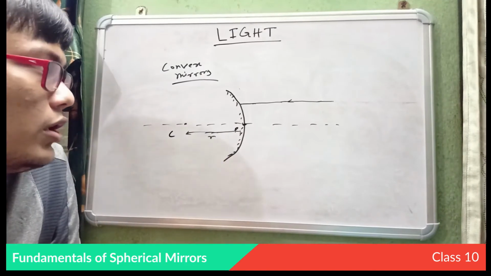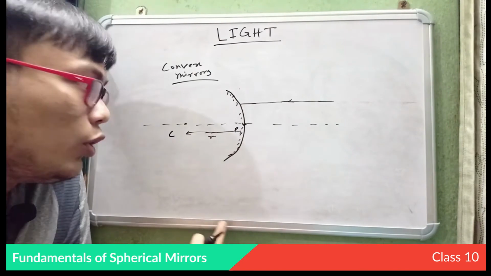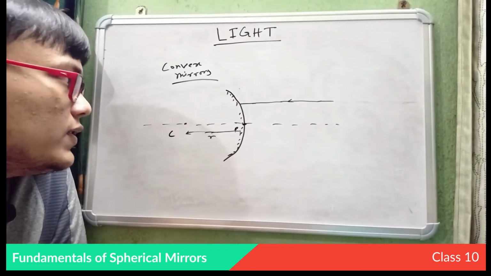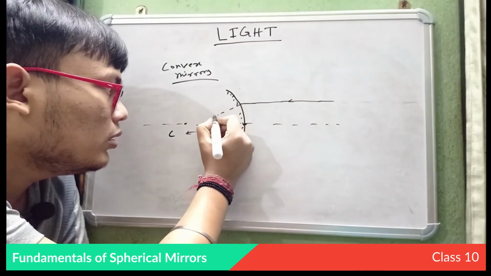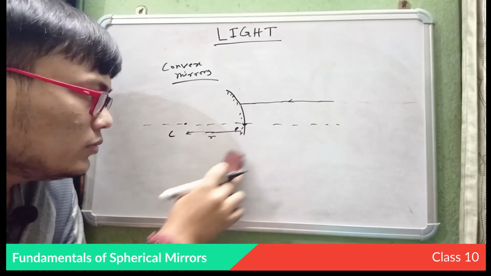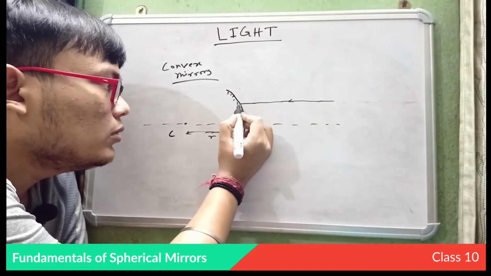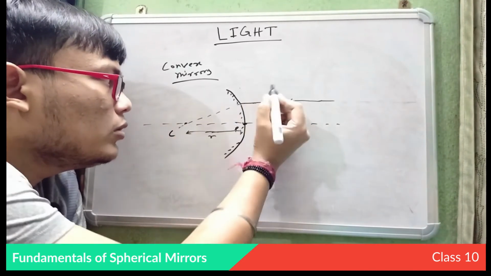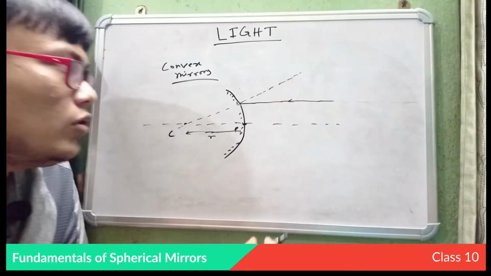Now if we draw the normal, the normal at this point will coincide with the center of curvature of the sphere, as discussed, right? So if I draw the normal, if we extend it in this direction, the normal will be this one.